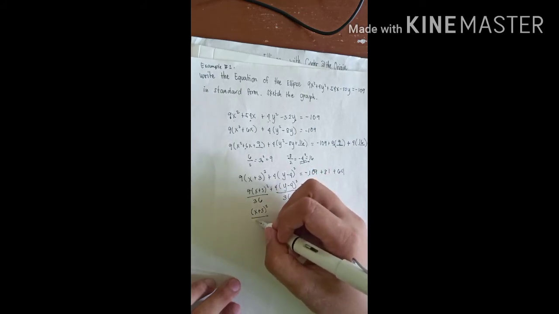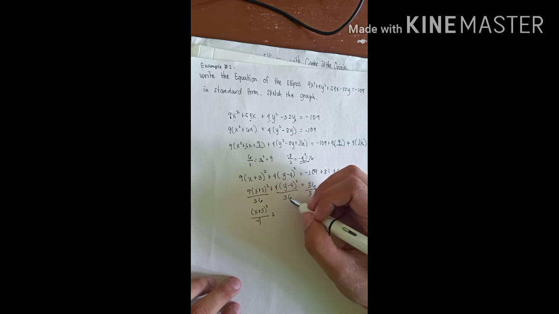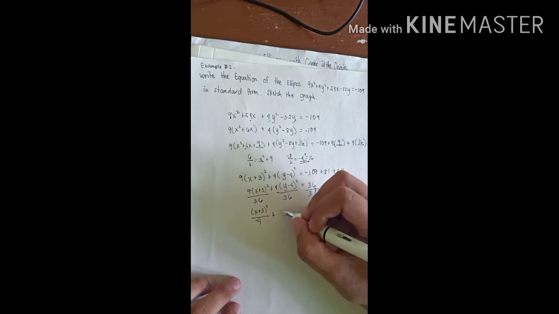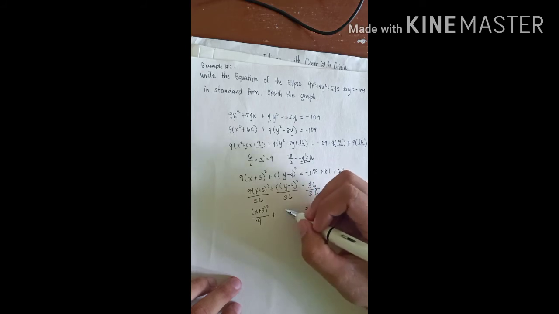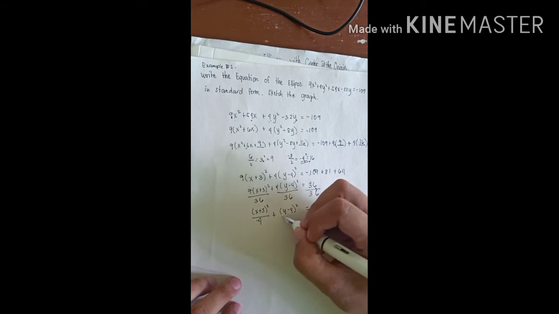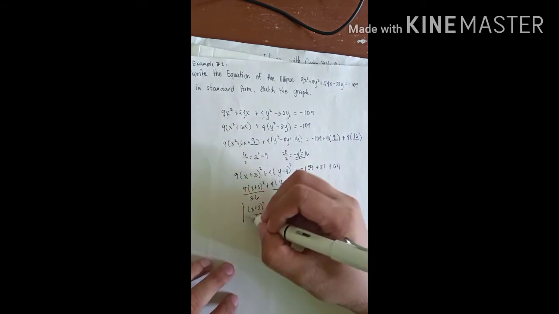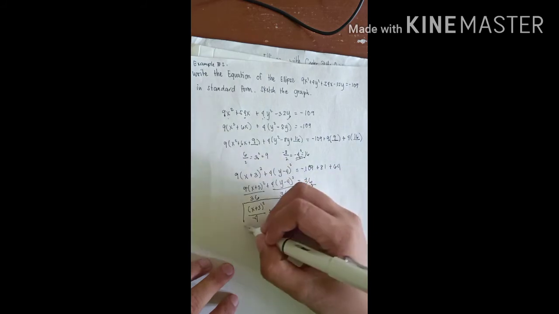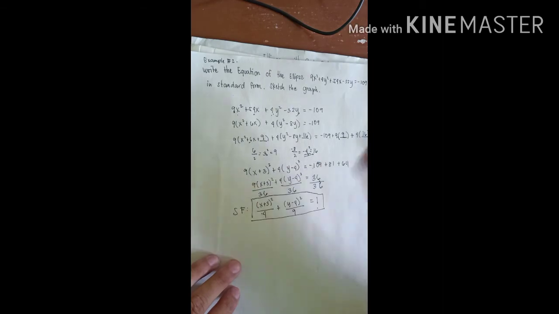And then, 36 divided by 4, that is equal to 9, plus 4 over 36, that is equal to 1 over 9. Okay, so y minus 4 quantity squared over 9, that is equal to 1. So this is now our standard form. Okay, naka-standard form na yan siya.